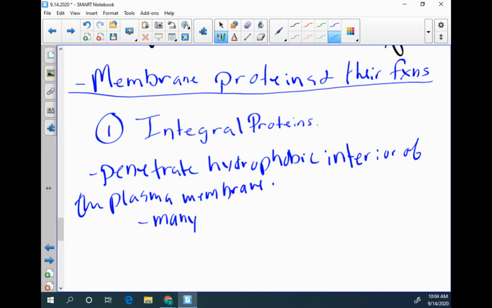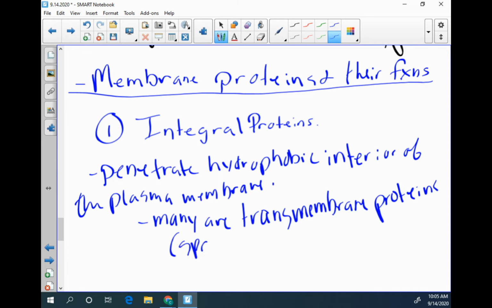Many are transmembrane proteins, which means they span the entire membrane, like the one I drew earlier. Transmembrane proteins span the entire membrane.